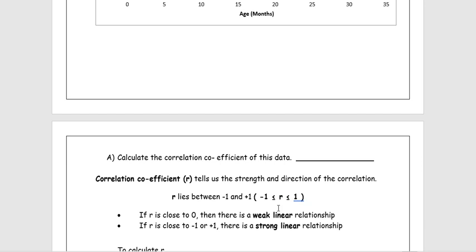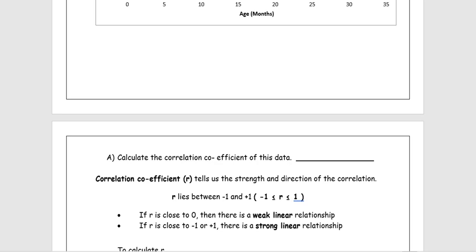The closer your R value is to 0, the weaker the linear relationship is going to be. The closer it is to -1 or +1, the stronger the relationship is going to be. Now, I know that all sounds a little bit confusing right now because we haven't calculated our correlation coefficient, and I'm going to, during the course of this lesson, show you an easier way of explaining exactly what I have just told you. So, let's go on and answer the question.